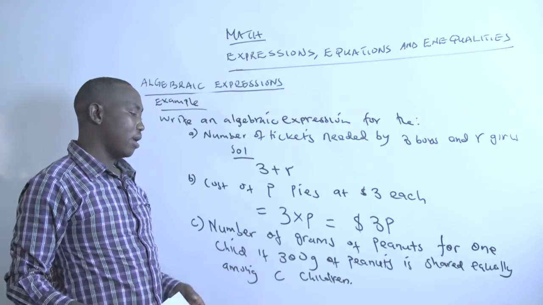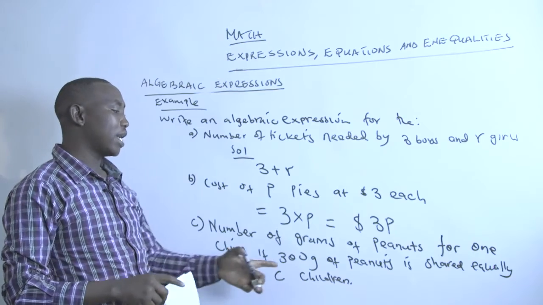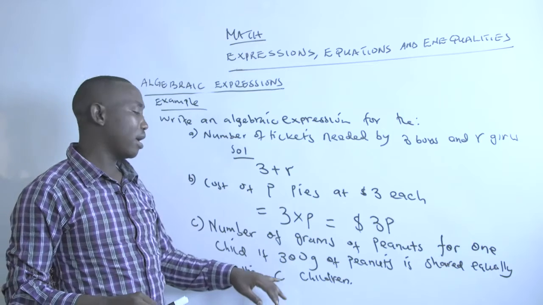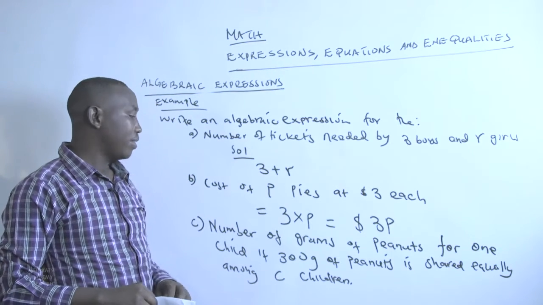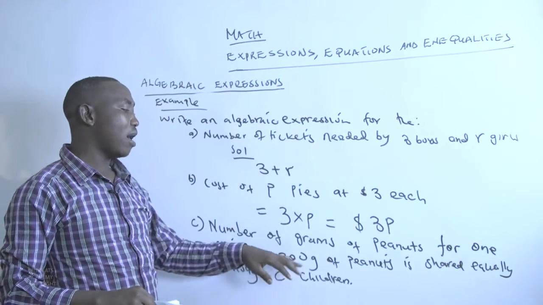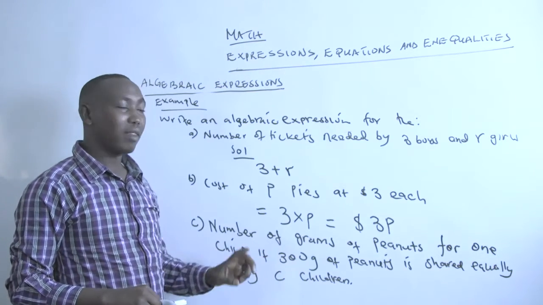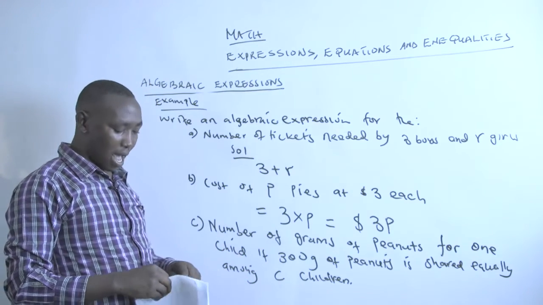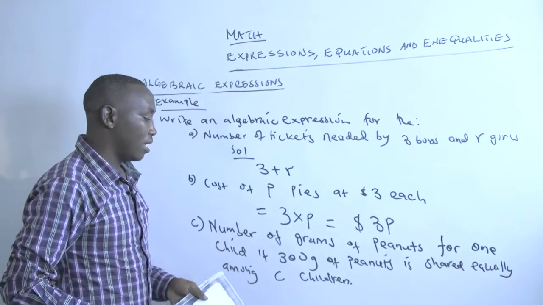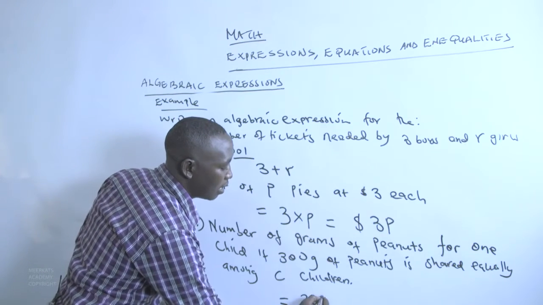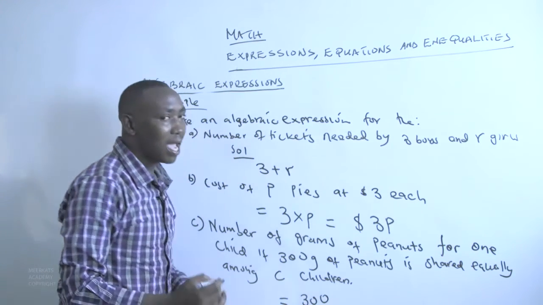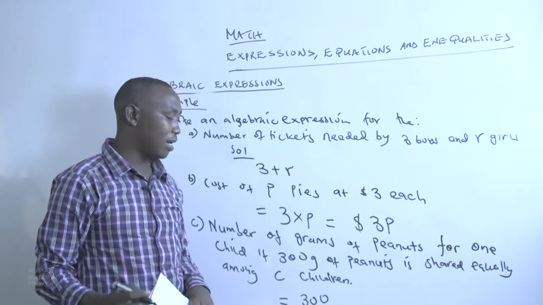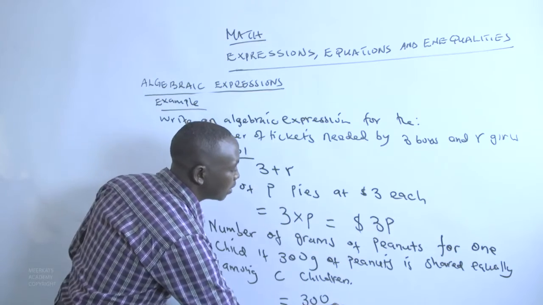In this particular question, we have a total of 300 grams of peanuts, which is supposed to be shared equally among c number of children. That means each child will get a share of these 300 grams, and therefore the peanuts worth 300 grams are going to be shared into c parts. And in that case, each child will get 300 grams divided by the number of children, which is c. Each child will be able to obtain 300 all over c grams.